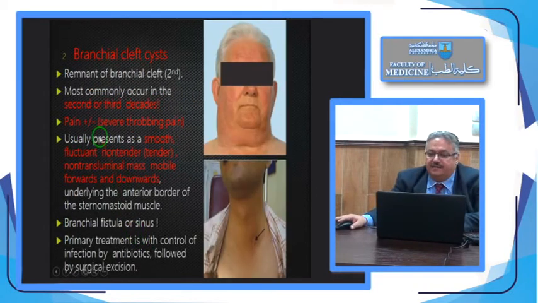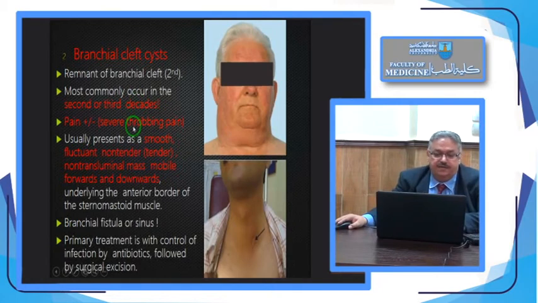So another congenital lesion is a branchial cleft cyst. It's a remnant of the branchial cleft, especially the second one. It most commonly occurs in the second or third decade of life, despite it being congenital.